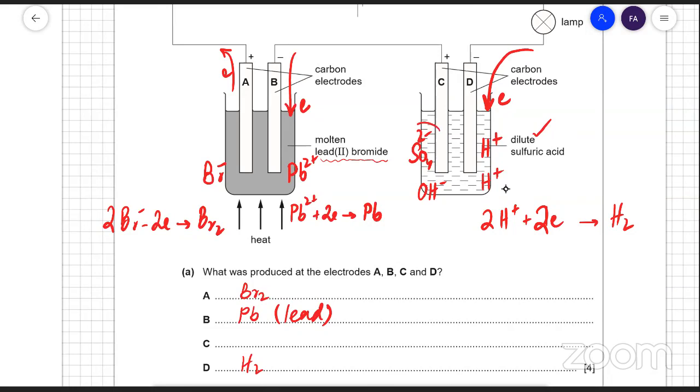And what's going to happen over here at the positive anode?